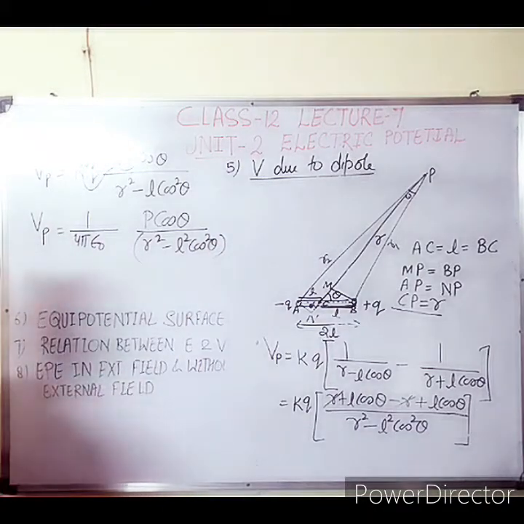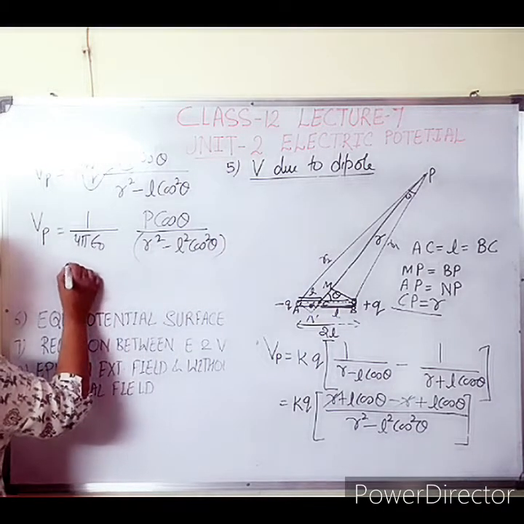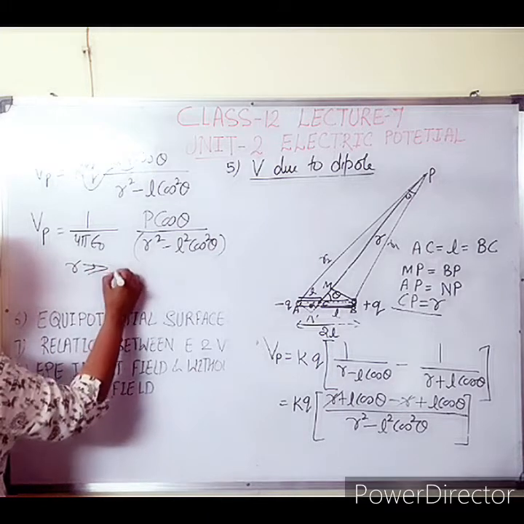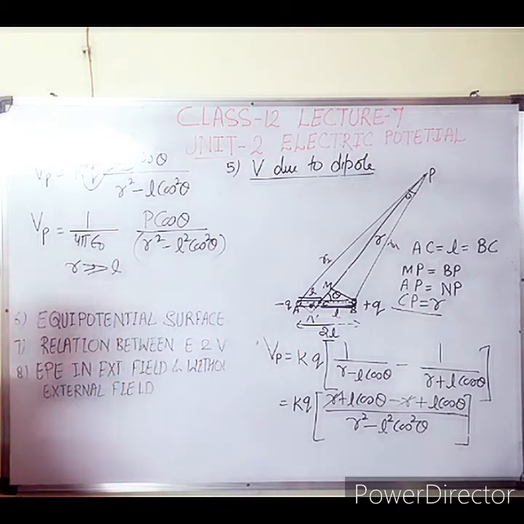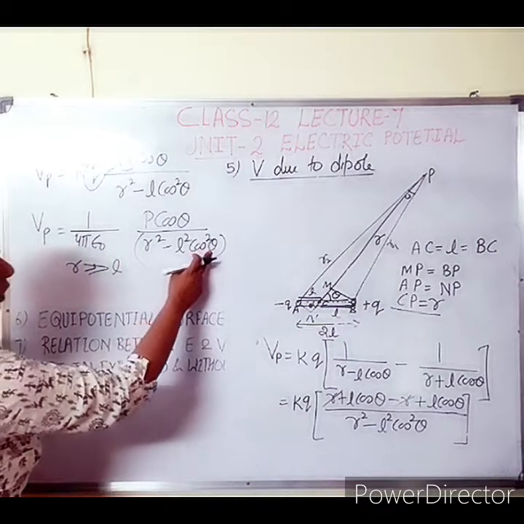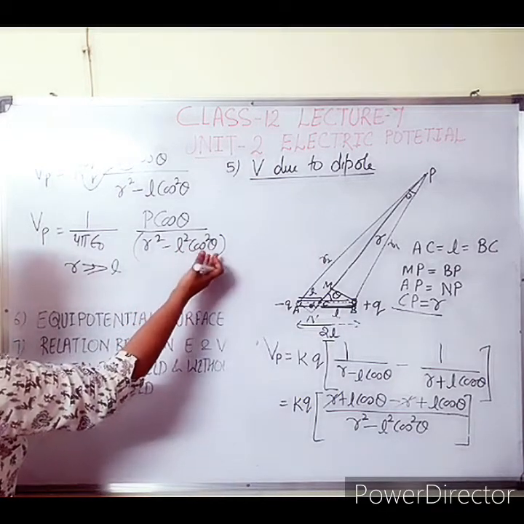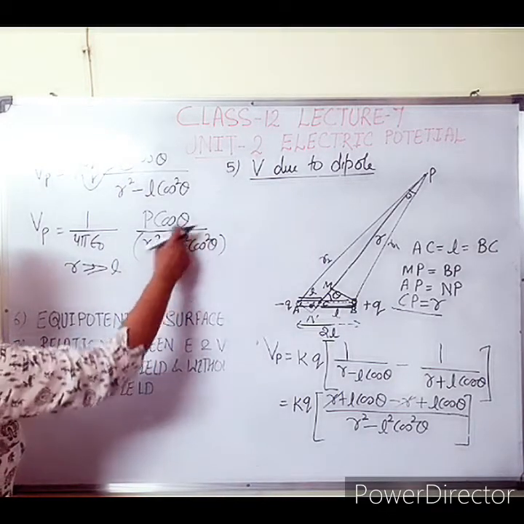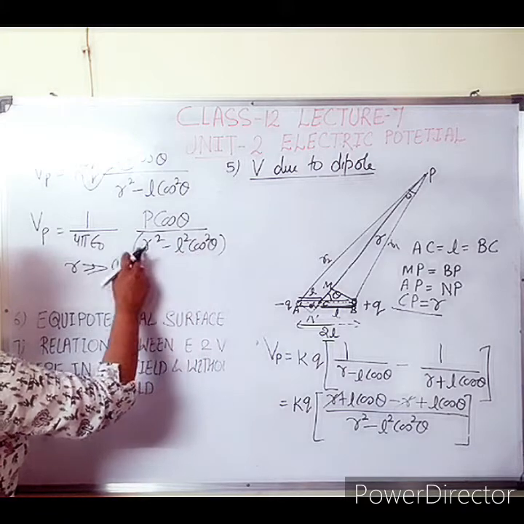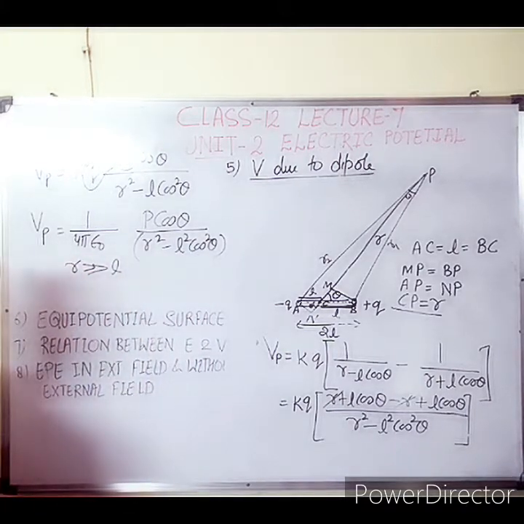So this one is the generalized form, and if we take the case that r is very greater than L, you know that dipole length is very small, dipole length is 2L. So obviously r is very greater than L, and cos theta maximum value is +1, minimum value is -1. So here if we take the +1 or -1 value, then also the second term is very less as compared to r terms, first term.